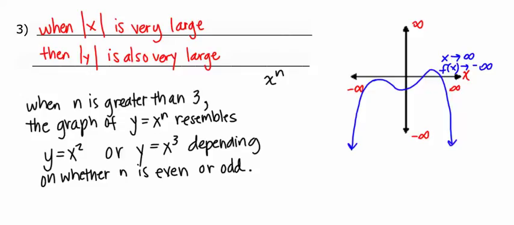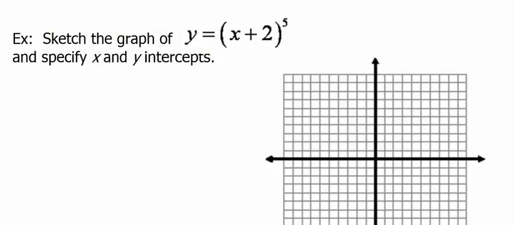So let's take a look at an example of sketching a graph, and we'll specify x and y intercepts. We've got the graph of y equals x plus 2 raised to the 5th power. So this degree is greater than 3, and it's an odd degree. So this is an odd degree polynomial.